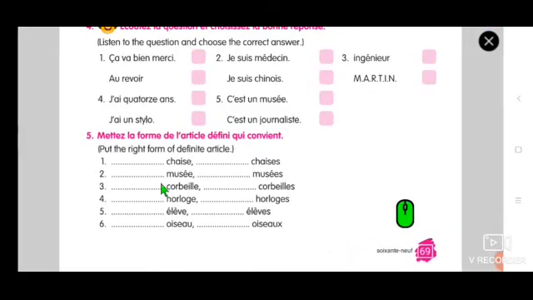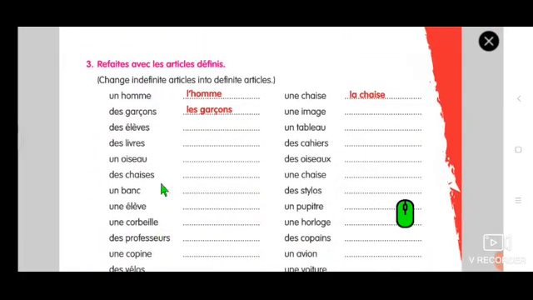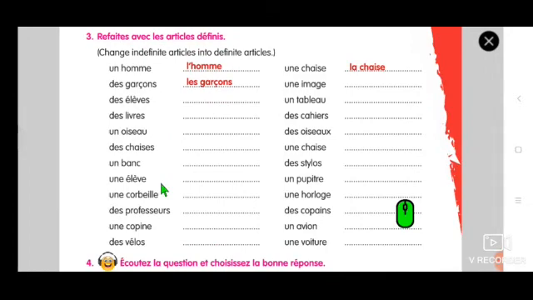Now this one is a little tough one. This is an application method; we have already learned this in lessons 1, 2, 3. Using that, you have to convert the masculine to the definite article. "Un homme" is an indefinite article.